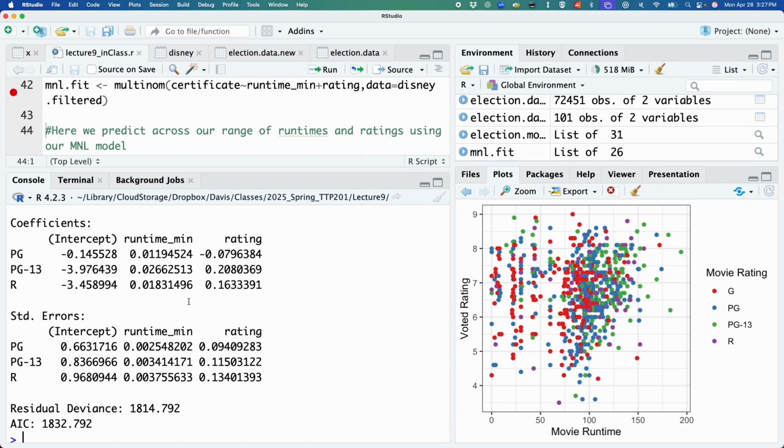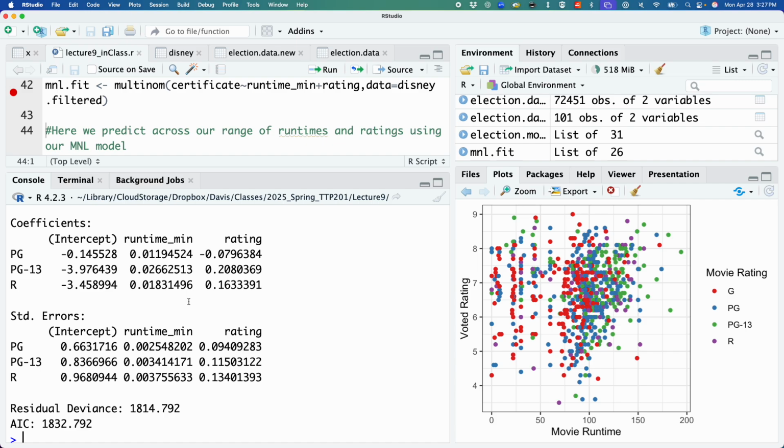Okay, and if I were a lazy modeler and I put this into a paper, I would say, well, as the runtime increases, the probability that it's one of these, PG, PG-13, and R, increases as the movie increases in length, with the most likely being PG-13, because it's the largest in magnitude relative to these.